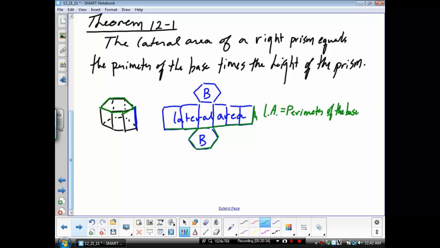This is our height, which is the same as the height of the prism. So the perimeter of the base times the height.